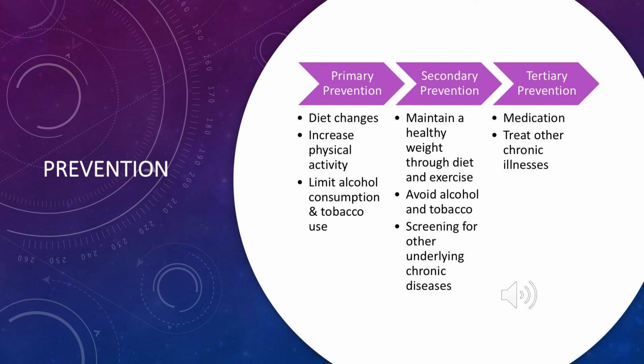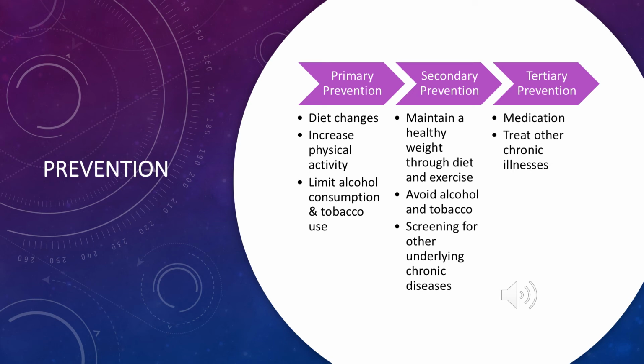Next are secondary preventions. Secondary preventions include maintaining a healthy weight through diet and exercise, avoiding alcohol and tobacco use, and screening for other underlying chronic diseases that may contribute to high blood pressure.